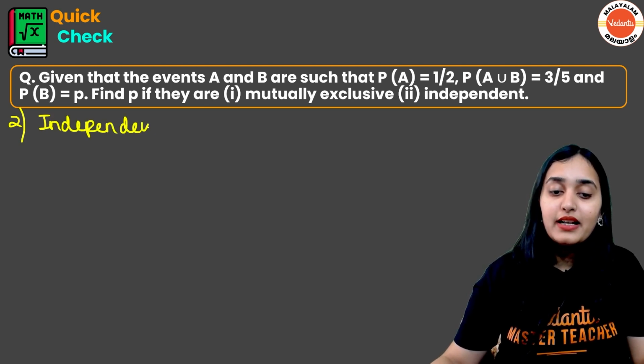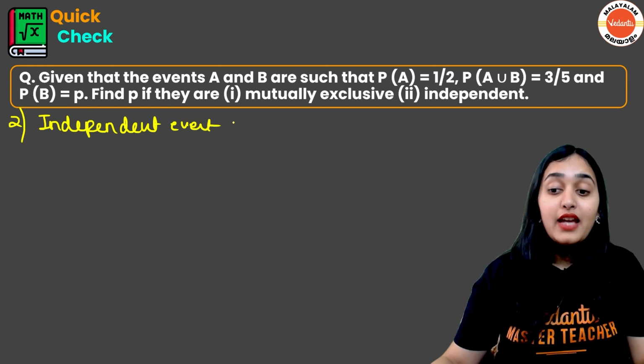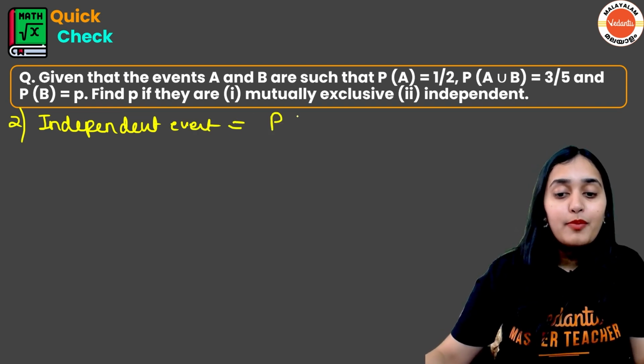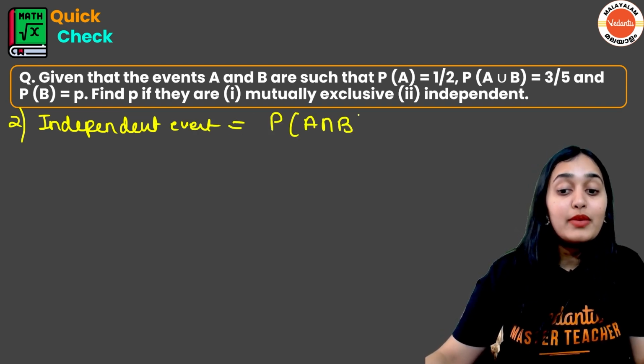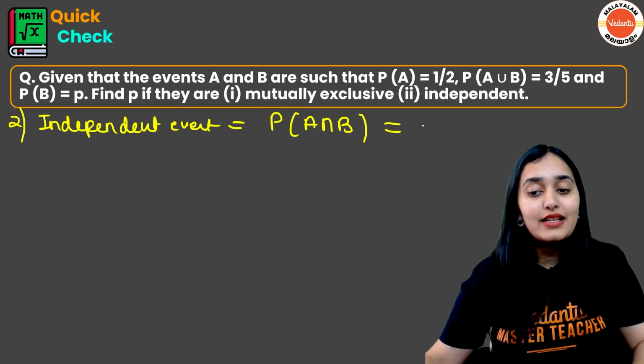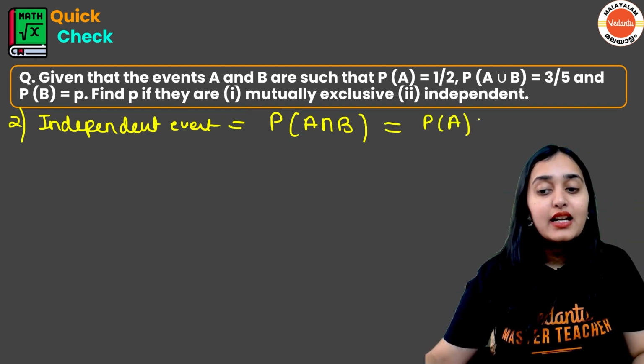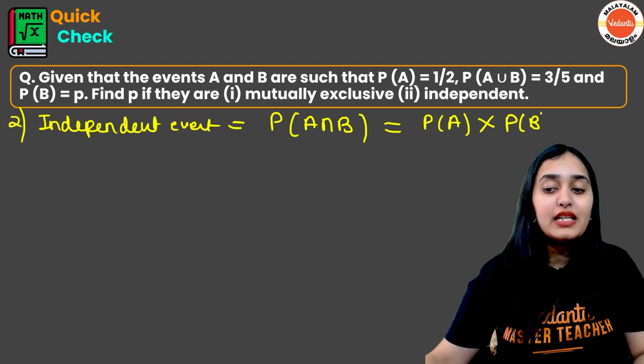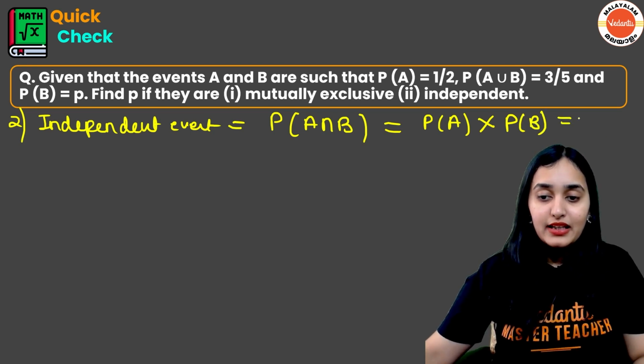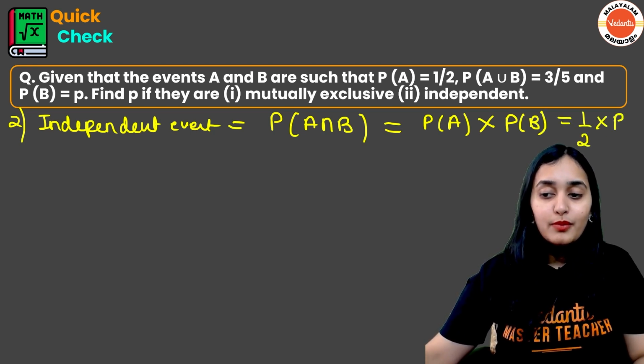Second, if they are independent, what will happen? Probability of A intersection B is nothing but probability of A times probability of B. So this is basically 1 by 2 into P, right?